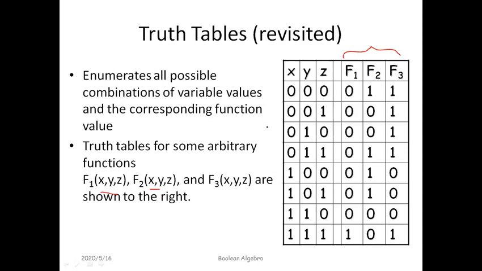So you can have several functions that are being subjected to the same input combinations and giving out different outputs. Okay, so this is what this table is trying to illustrate here.